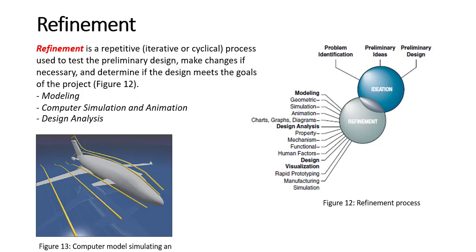Refinement is a repetitive, interactive, or cyclical process used to test the preliminary design, make changes if necessary, and determine if the design meets the goal of the project, like Figure 12. Refinement is the second major stage in the concurrent engineering design process and consists of three main areas: modeling, design analysis, and design visualization.